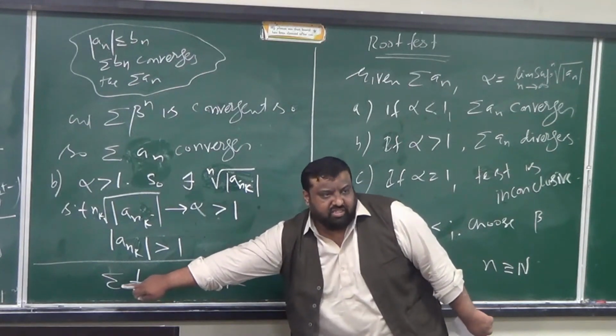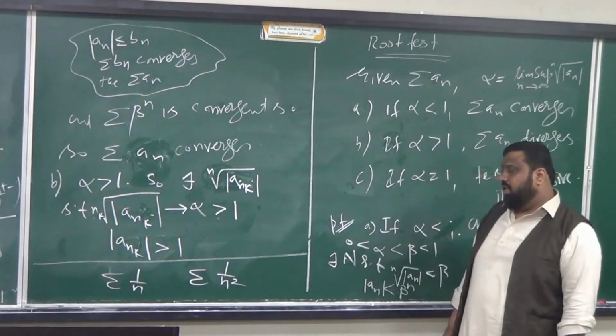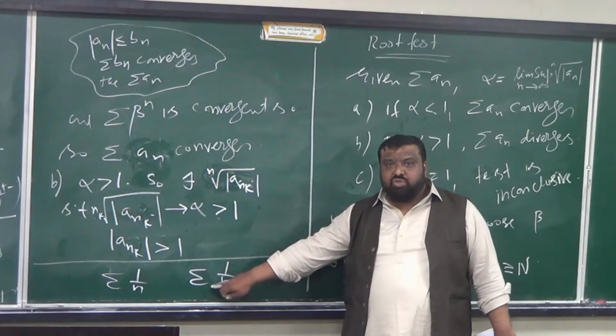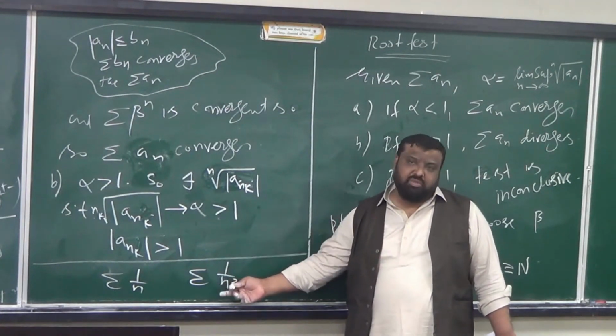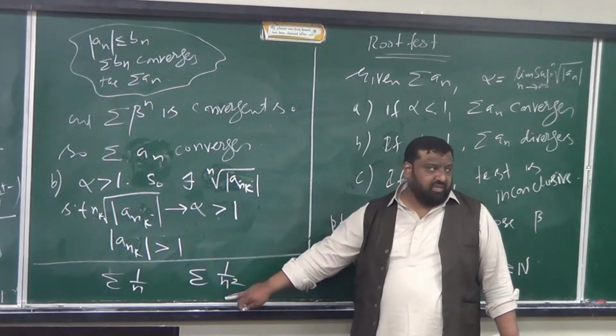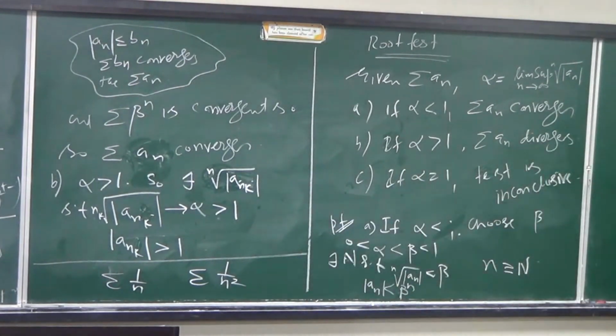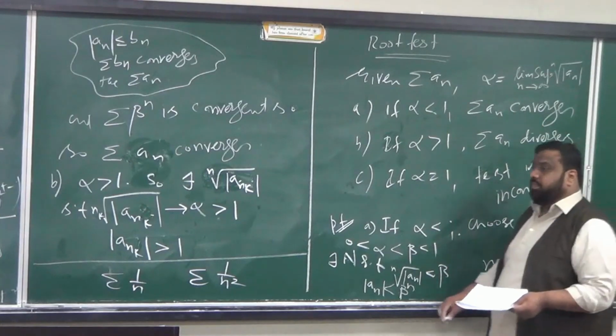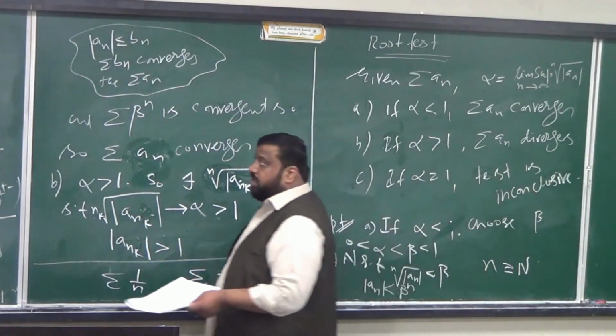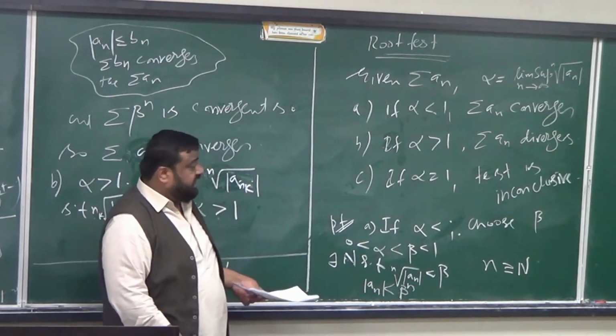We know that this diverges, the p series. Then what will be the lim sup of the other one? It's going to be still 1 actually. But this converges. So if the lim sup of a sequence is 1, that was what you call the inconclusive case.